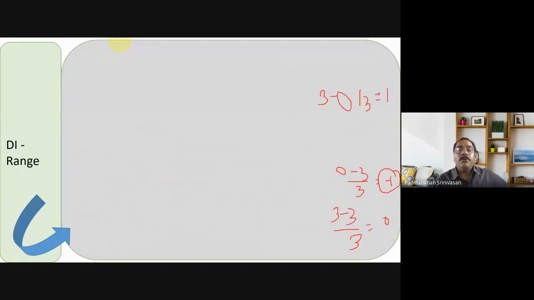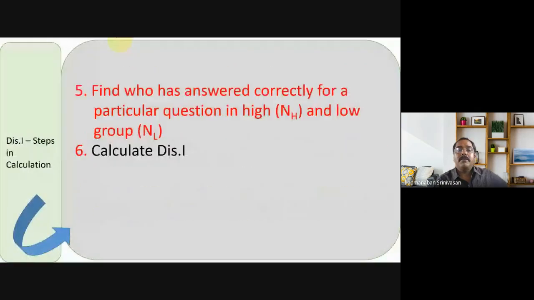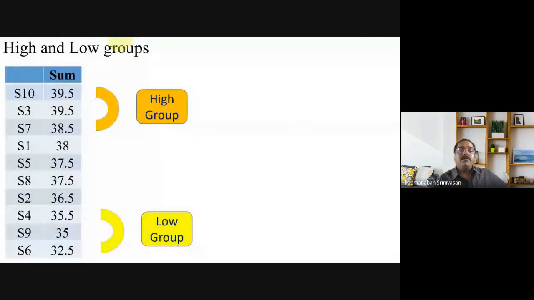Then we'll go for the groups. Just for one link, I want to tell. We have taken only 10. With 10, we selected the top 3 students and the bottom 3 students. Suppose you are going for 100 samples, what will be the number in the bottom group and what will be the number in the top group?